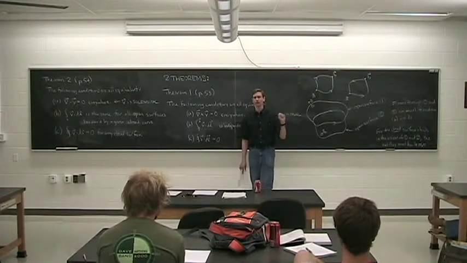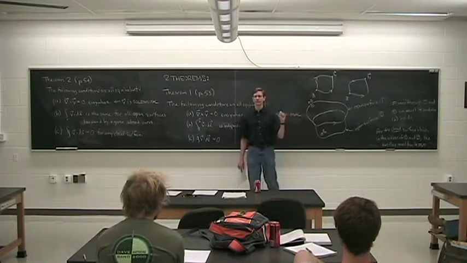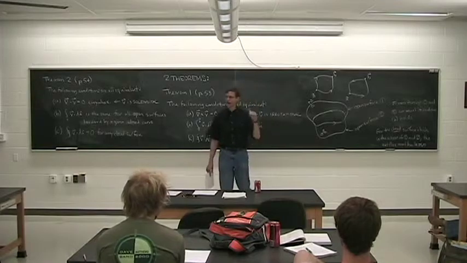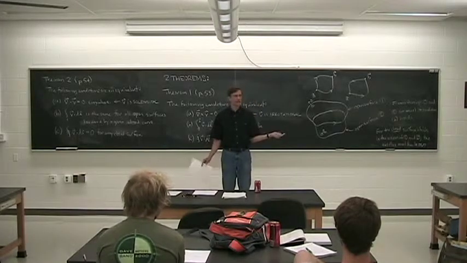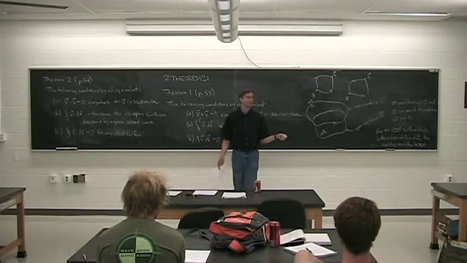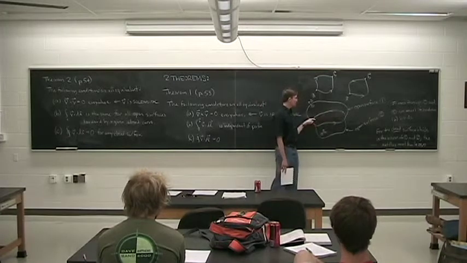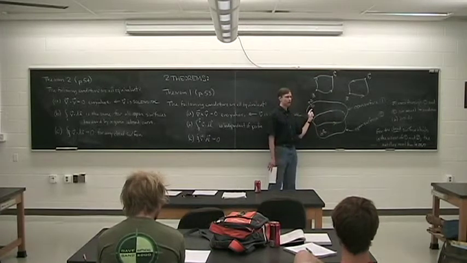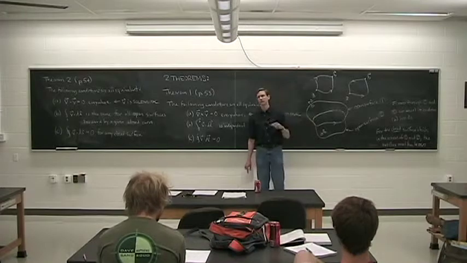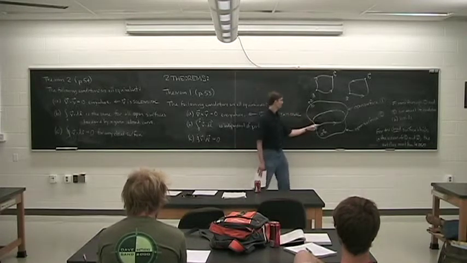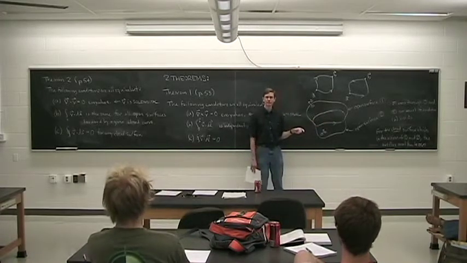When we talk about fluxes for open surfaces, n hat is arbitrary. You just have to pick it and be happy, make your choice. Unless you're talking about Stokes' theorem, in which case you relate what you call the outward normal to the direction that you're traversing the border curve.